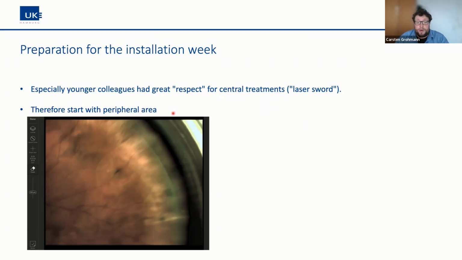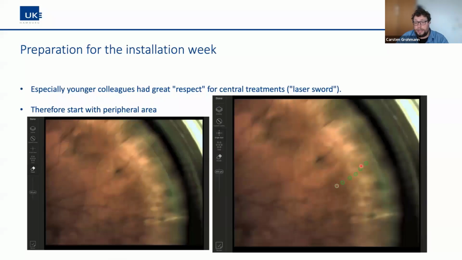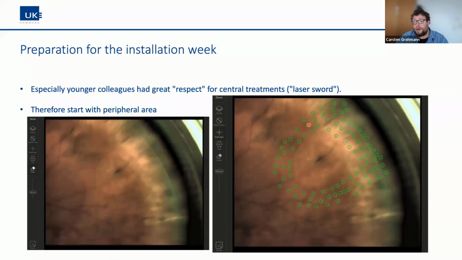Therefore, we started with peripheral areas like here, a retinal tear, which you can clearly see over here. And we started with some single spot simulated planning over here, filled it to a rim of 3 borders, and also tried another approach with the area painter over here.